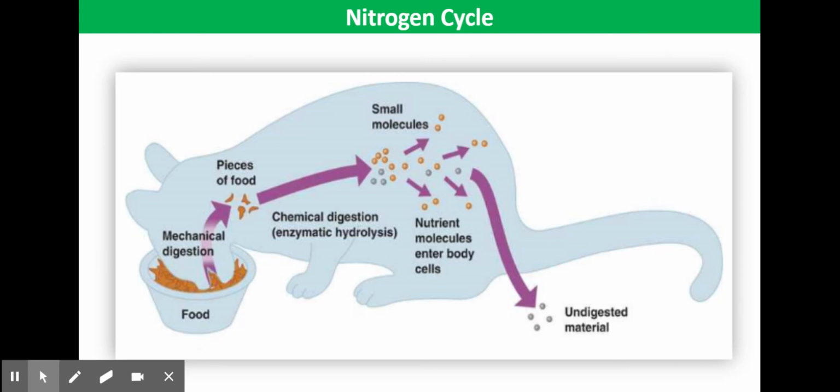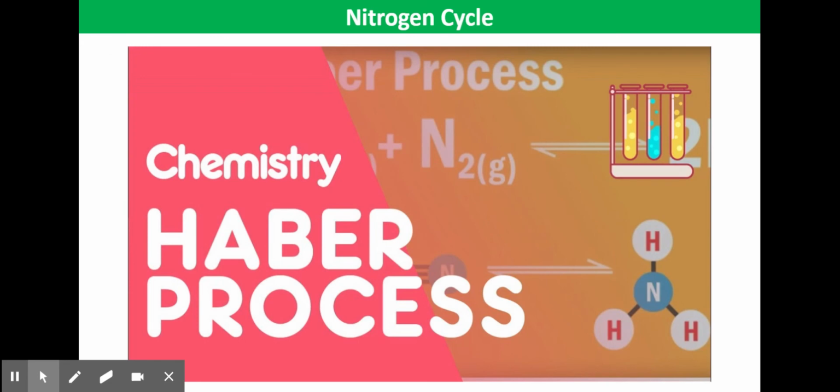Everything that I've mentioned so far within the nitrogen cycle is entirely natural. However, there's an incredibly important process that you also need to be aware of. This is the Haber process. What would you say is the most important discovery made in the past few centuries?